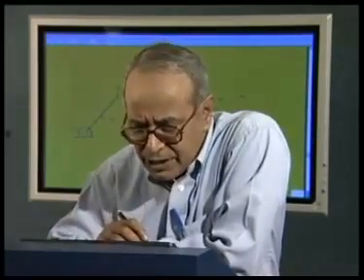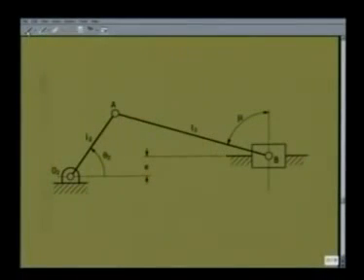We now explain the concept of transmission angle with reference to a slider crank mechanism. This figure shows a slider crank mechanism where the slider is at B undergoing horizontal translation and O2A is the crank. It is obvious that if the connecting rod AB is horizontal, then the entire connecting rod force is in the direction of movement of the slider.